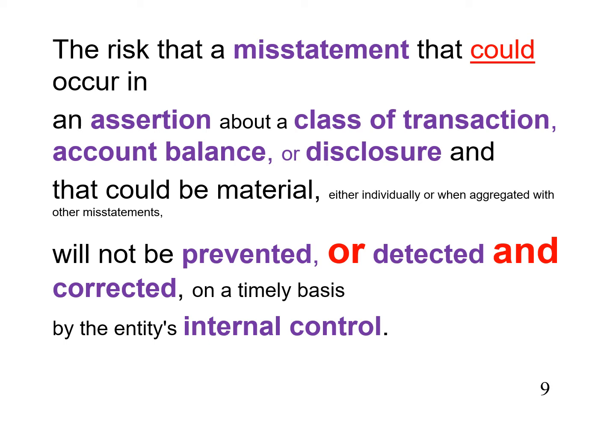However, if the controls detect a misstatement, then it will have to be corrected. So it's detected and corrected. So the "or" and the "and" tell me a lot about how well you understand this concept. Pretty much word for word on this definition, or all the purple words and red words.